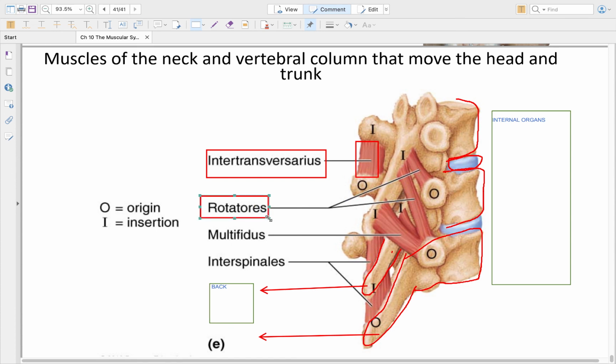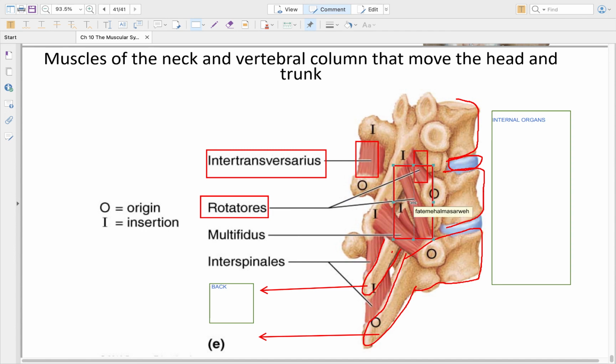Rotatores. This muscle connects the spinous process to the transverse process. Notice it's going to connect to another transverse process. 2 connections.